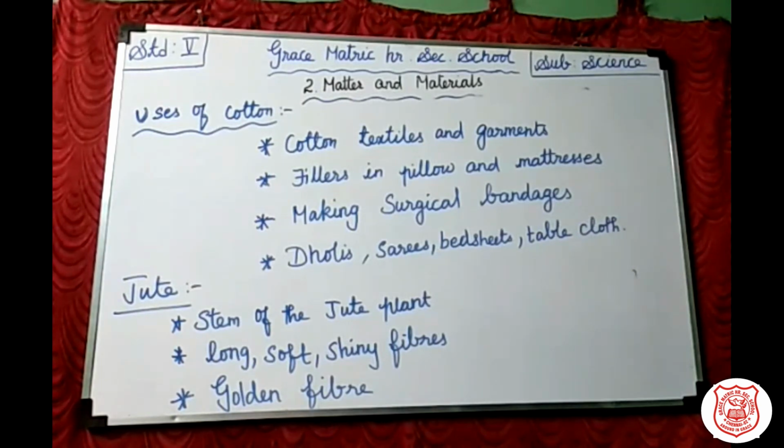After harvesting, they cut the stems and immerse them in water for some days. After that, the peels come out as they rot. When all the peels come out, we dry them and get the jute fiber. These are converted into yarns in the same manner as in the case of cotton.